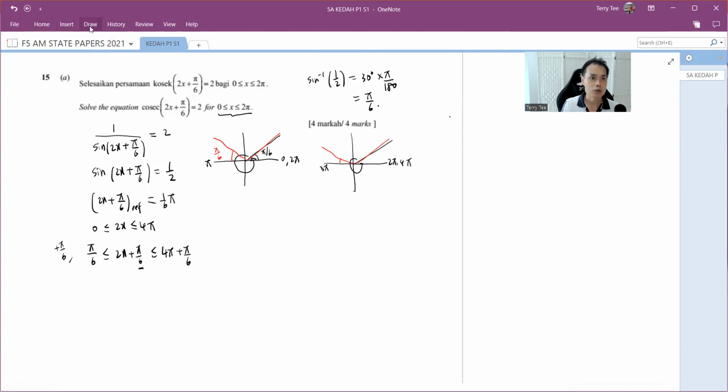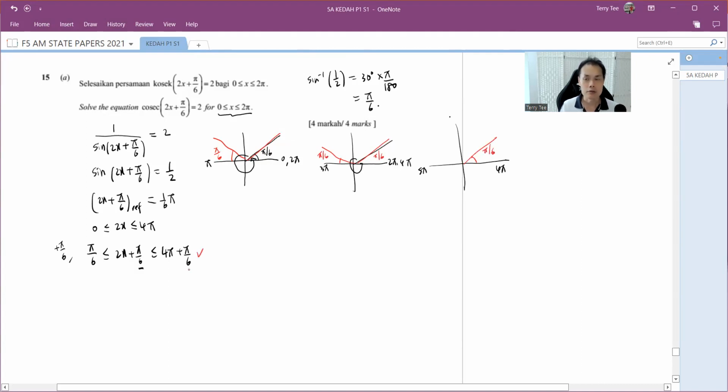So I can draw another one to show you that this is 4 pi, and this will be 5 pi. If you include the 4 pi plus pi over 6, you'll be here. So pi over 6 here, pi over 6 here, pi over 6 here, because you have to stop at 4 pi plus pi over 6. And it's inclusive, so you need to include this answer as well.